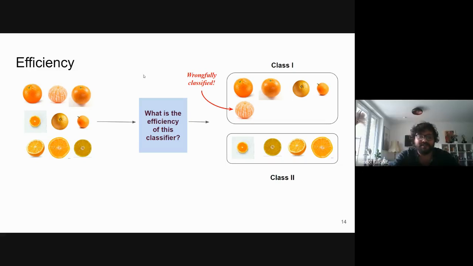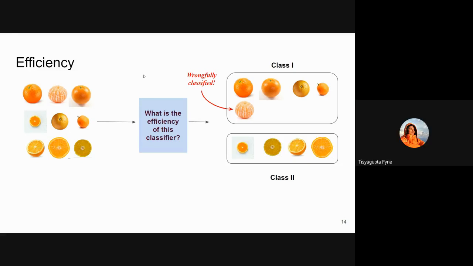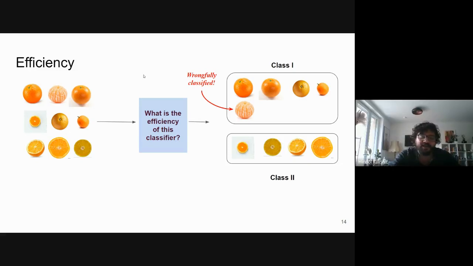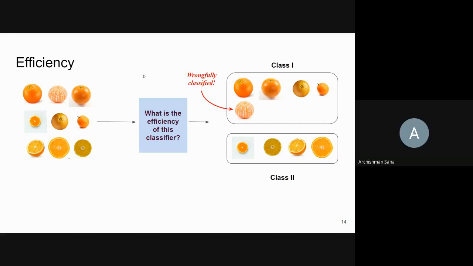Whoever said 80%, I'm guessing you meant that originally you were supposed to classify five oranges in the second class, but you got four of them right. That's why you said 80%. Exactly. But you're only thinking of one class.